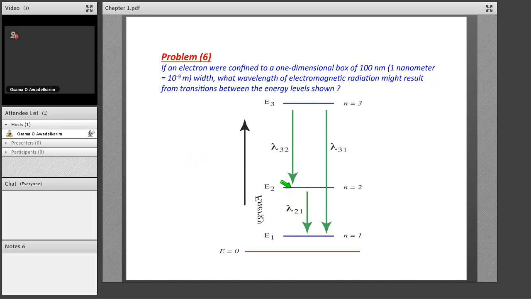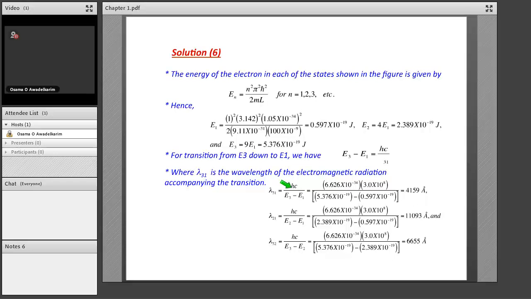Now let's calculate. The energy En of any state, n equals 1, 2, 3, etc., is this here. So E1, the energy of the ground state, is n equals 1. This is n, this is pi, 3.142, squared. This is h bar, the reduced Planck constant, squared.